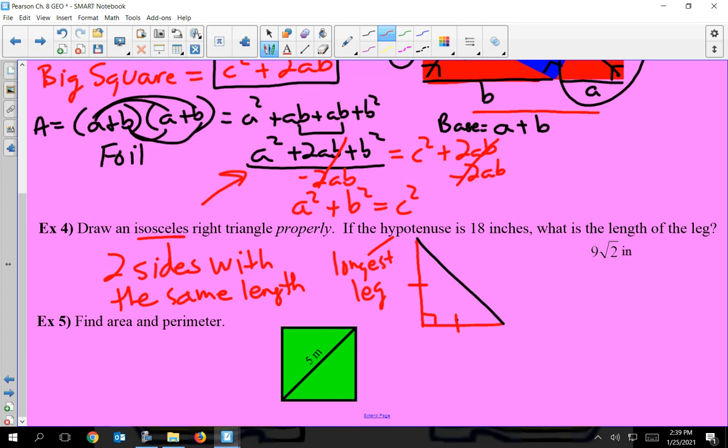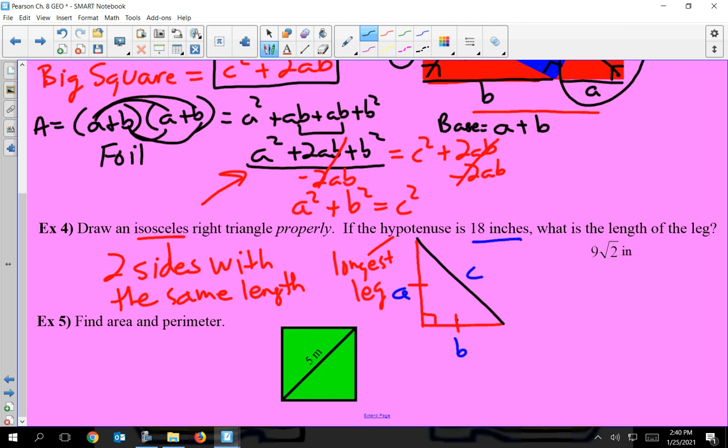Okay, so if I've got a right triangle, I can use the Pythagorean theorem again. A squared plus B squared equals C squared. Okay, but they're giving me the hypotenuse. So I'm going to change this up. This is what you have to be able to remember too. If both of these, A and B, should be the same in this particular instance, I can't really put those in the Pythagorean theorem with C being 18.